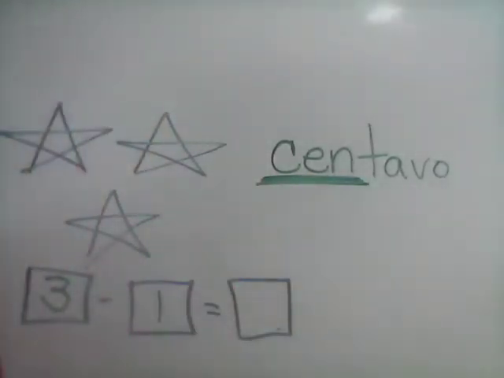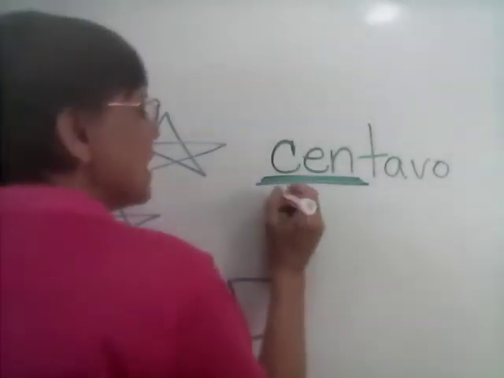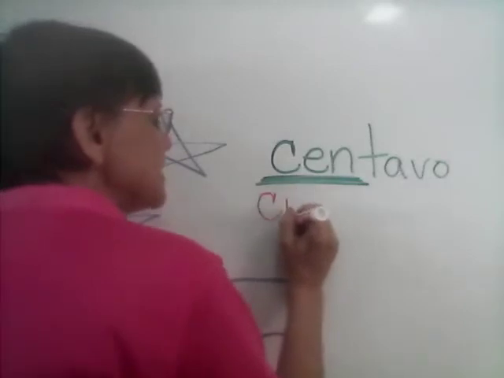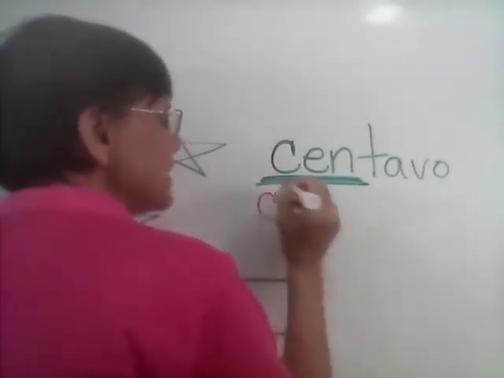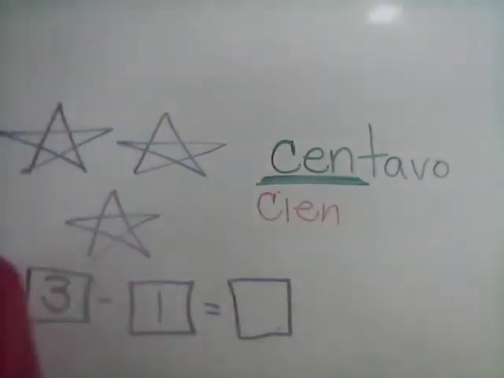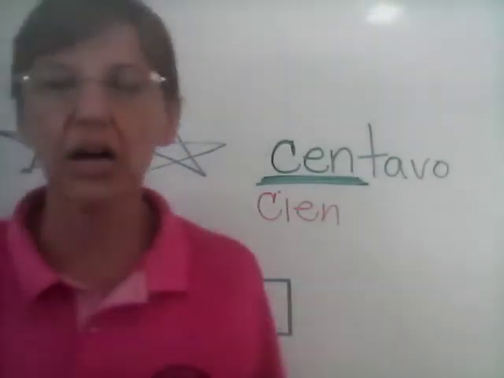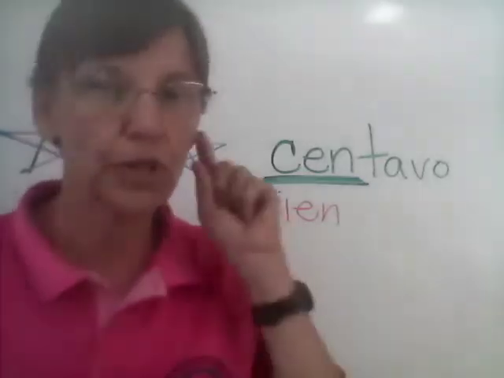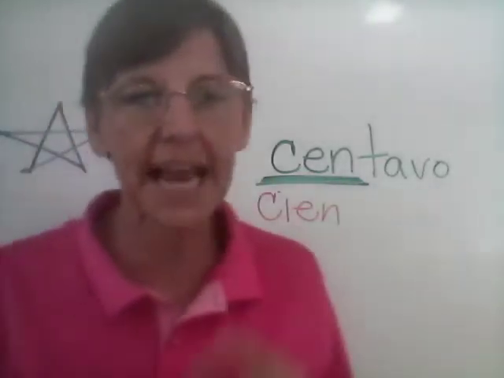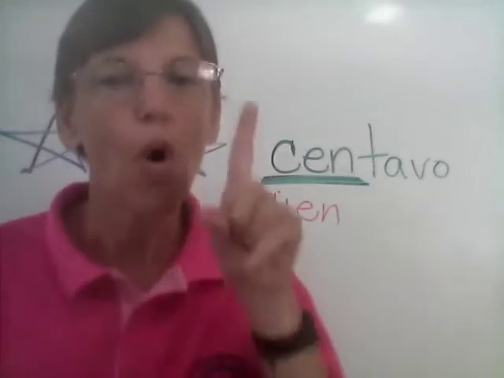Sen, sen, sen. See the word cien? It's just missing that I. Sen. It means 100. That's from the Latin, okay? And our Spanish comes from Latin. So when you see that sen or you hear that sen, you think 100.